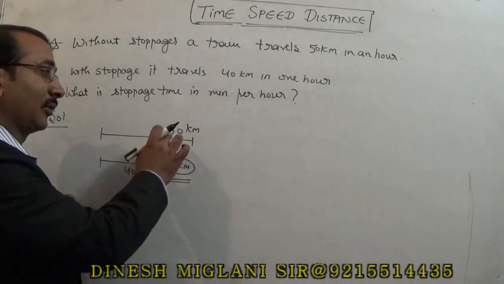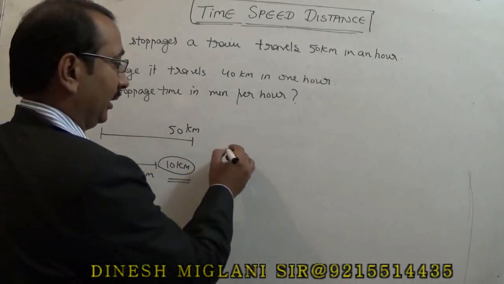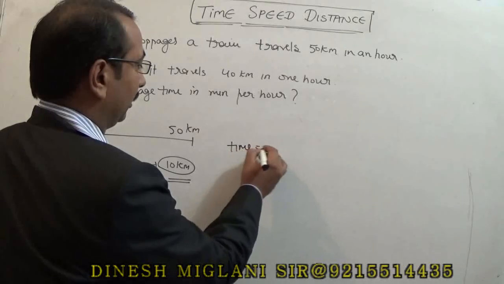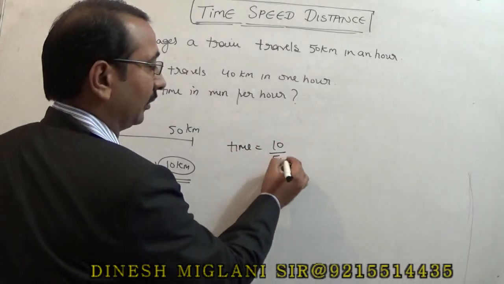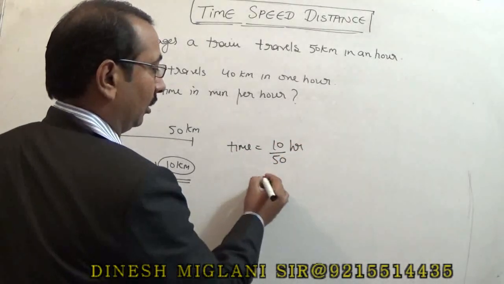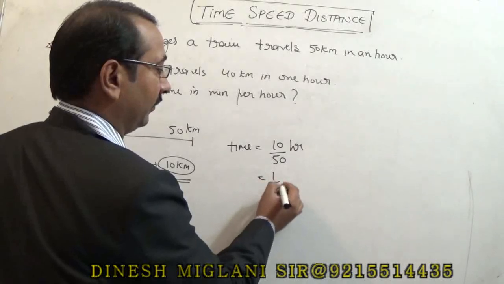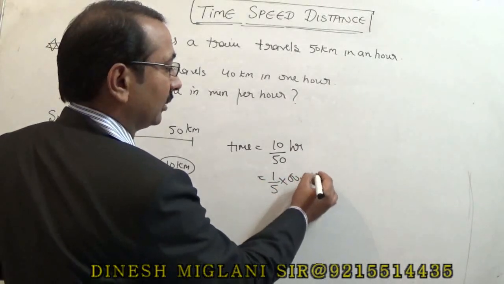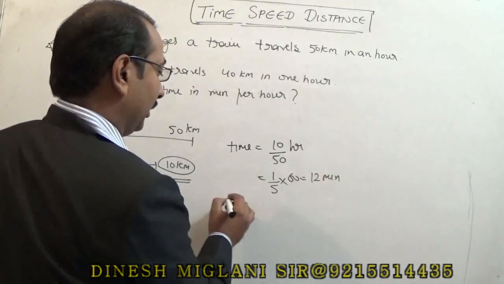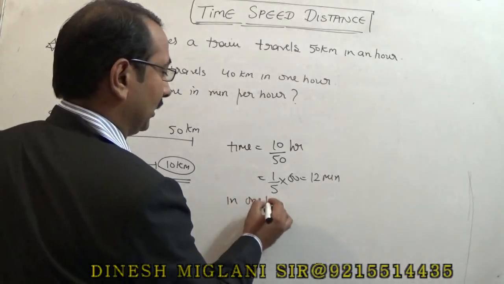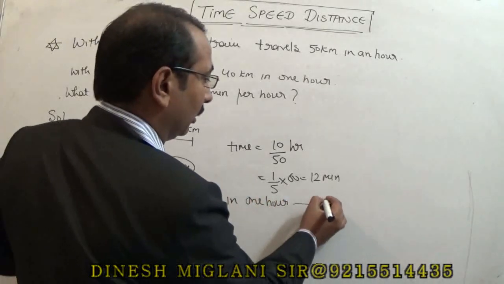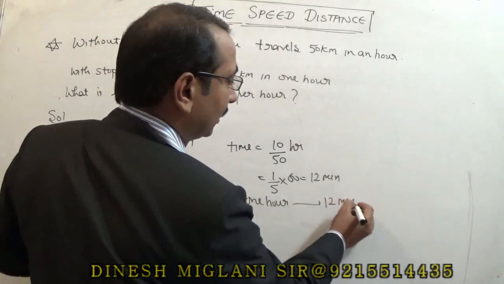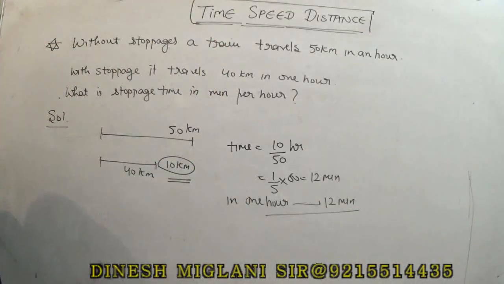His actual speed is 50, so the time taken to travel this 10 kilometers is 10 upon 50 hours, or we can say 1 upon 5. We will convert into minutes, that is 12 minutes. So we can say in 1 hour, stoppage time of the person is equal to 12 minutes. So our answer is he takes a stoppage of 12 minutes per hour.